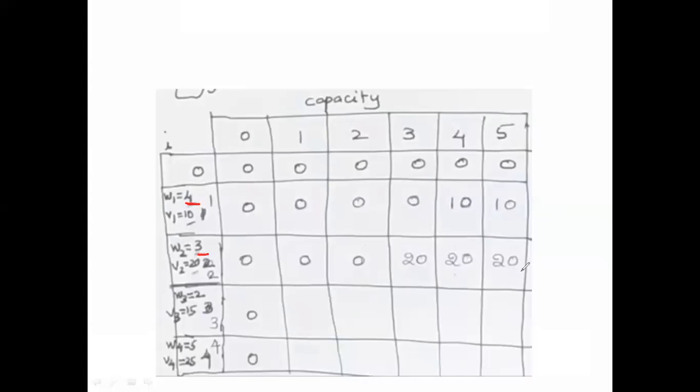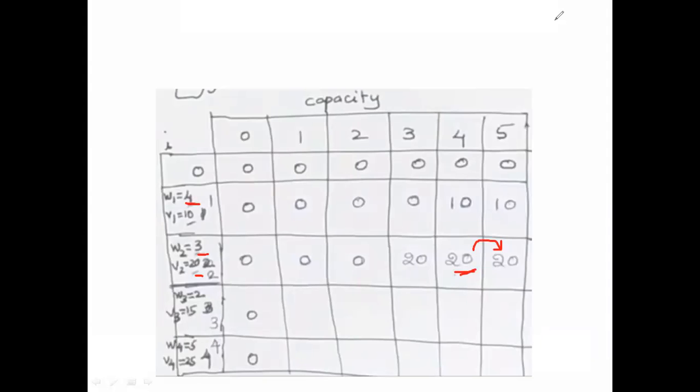For 4 kg, 10, we cannot write 10 because already the value is 20. So 3 kg is 20, this value also 20, so the maximum value is 20. Suppose here it were 30, you must write 30 here. The maximum value you have to fill in the next rows. Okay, so now the second row is completed.